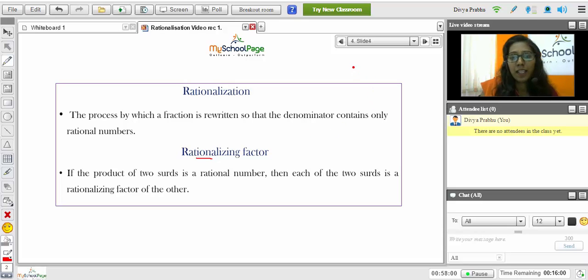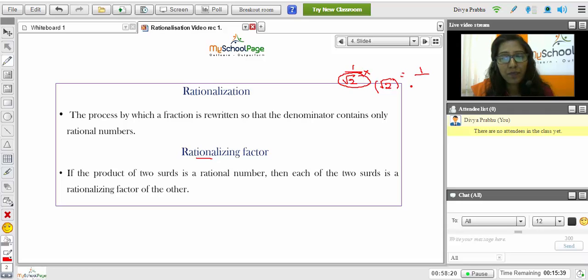Suppose I take the example of 1 by root 2. I need to multiply by some number so that I convert the denominator into a rational number. We know that root 2 into root 2 becomes root 2 the whole square.